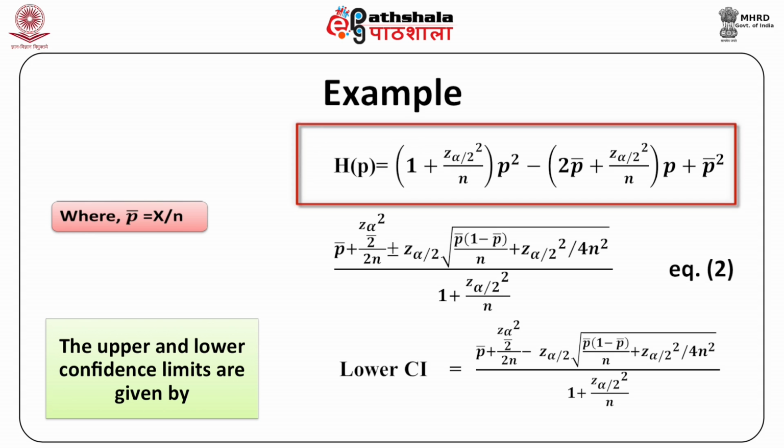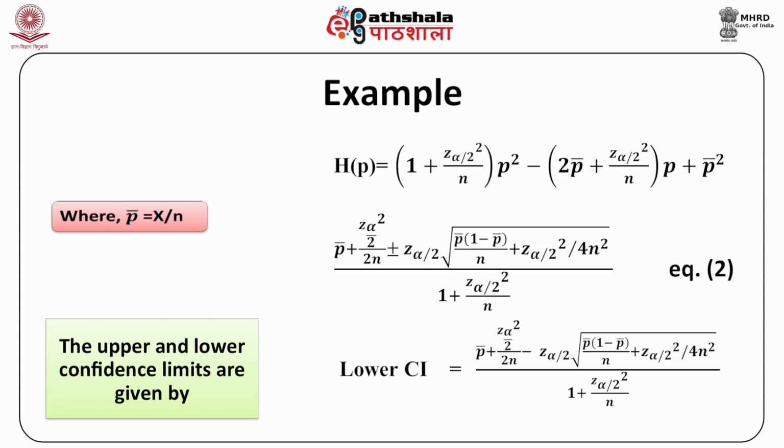Hence, H(p) is equal to (1 plus Z alpha by 2 whole squared divided by n) whole times p squared minus 2 p bar plus Z alpha by 2 whole squared divided by n times p plus p bar squared, where p bar is equal to x by n.